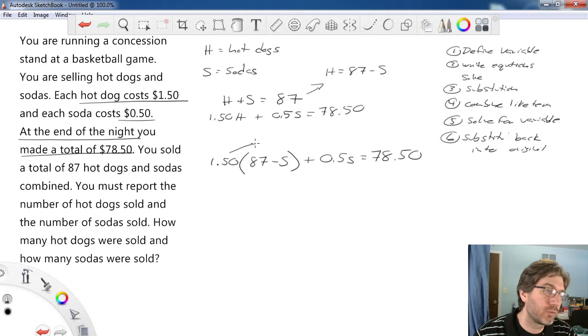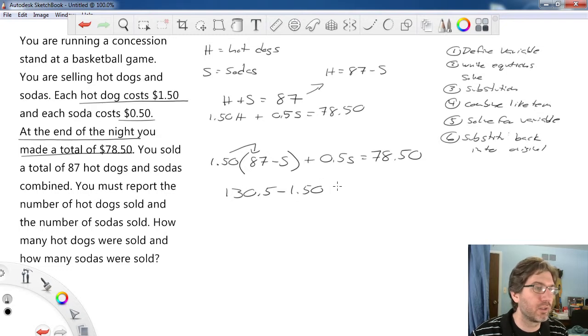So here we're going to take 1.50 times 87. 1.5 times 87, we're going to get 130.5 minus S, which is 1.50 S, because again we're going to multiply that by that as well. We're going to add that to 0.5 S, and that's all going to equal 87.50.